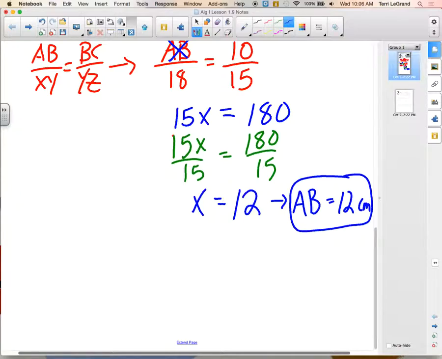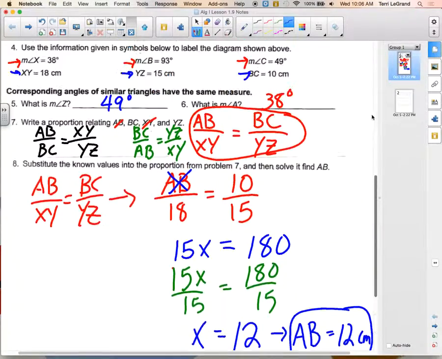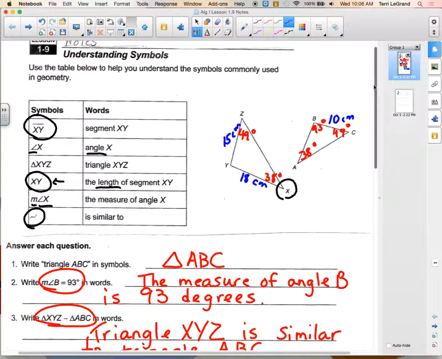In other words, could we have just looked back up here and said, well, that side corresponds with this one, so it has to be the same length? Which side does it correspond with again? XY. So should we be able to say that because they're corresponding sides?